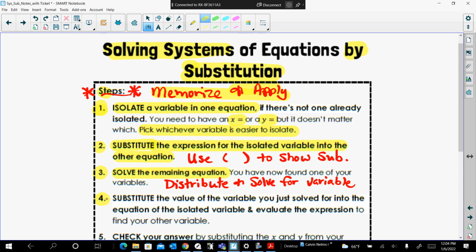Step 4 is substitute again. Substitute the value of the variable that you just solved for into the equation of the isolated variable. Because you're going to substitute after you solve, you substitute again. Anytime you substitute, you have to use parentheses. So you need to get in the habit of using parentheses when you substitute.